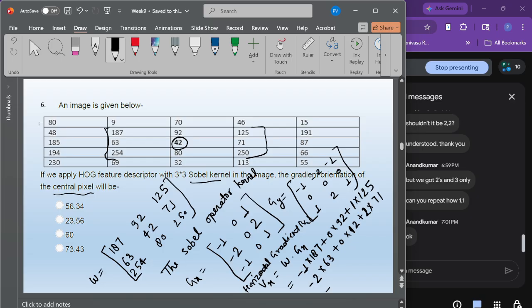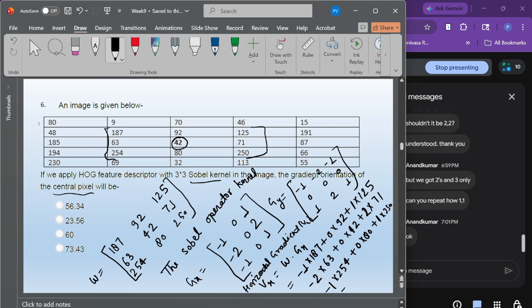Now similarly for the next row: minus 1 into 254 plus 0 into 80 plus 1 into 250, right?